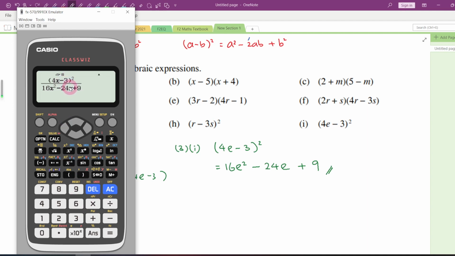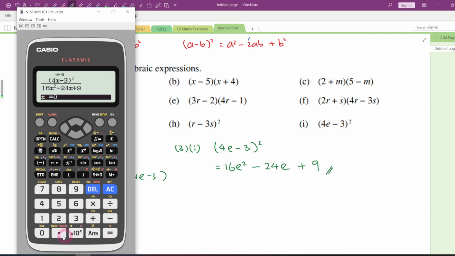When I divide them, I will actually get 1, right? So you press calculate, just key in a value. Make sure it will not make the denominator become 0, because as I told you just now, when the denominator becomes 0, we actually cannot get the answer. So here you can put 0, because even if this is 0, the denominator is still not 0 because you have a 9 here.